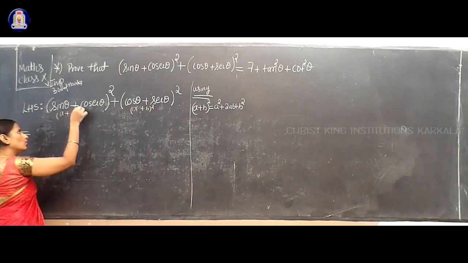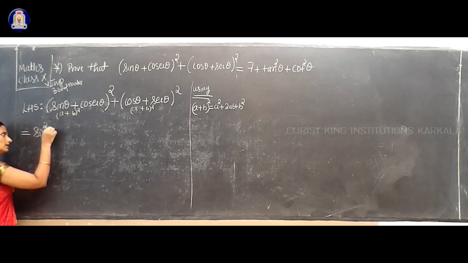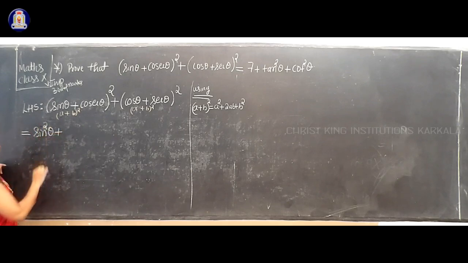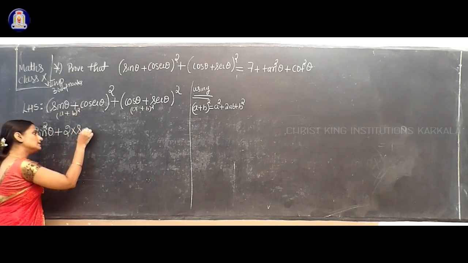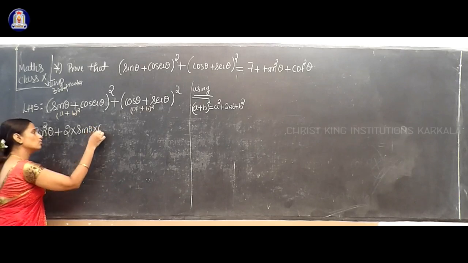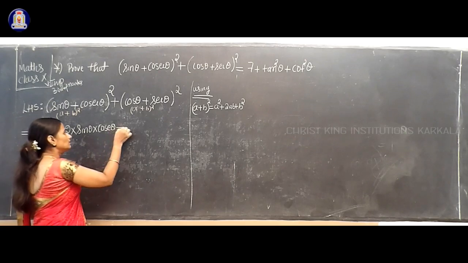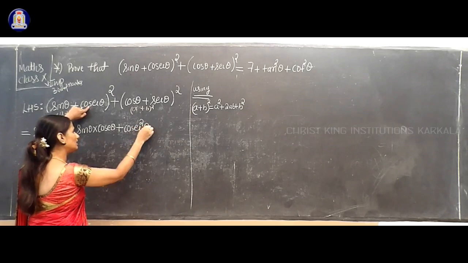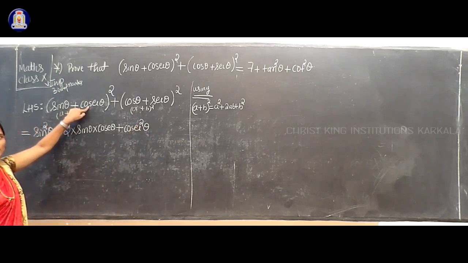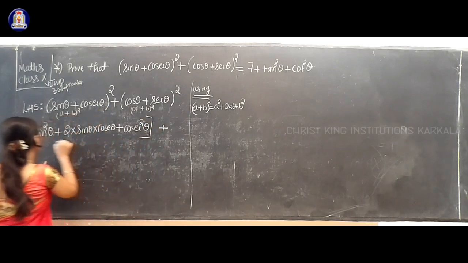So the formula is a square: sin square theta, plus 2 into a into b, that is 2 into sin theta into cosecant theta, plus b square. B square is cosecant square theta. This is for the first bracket.